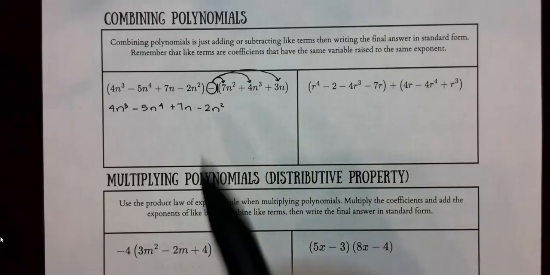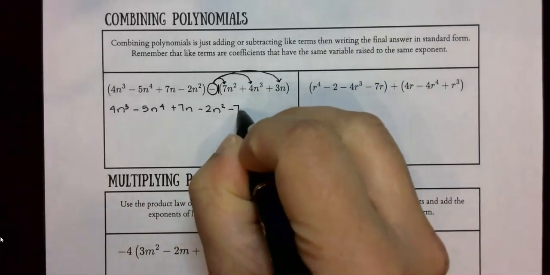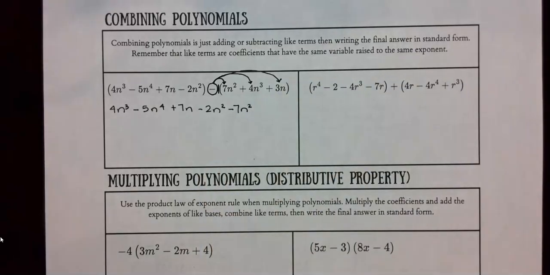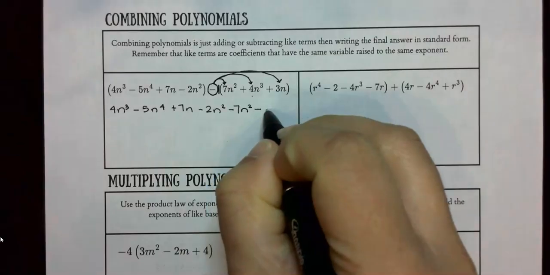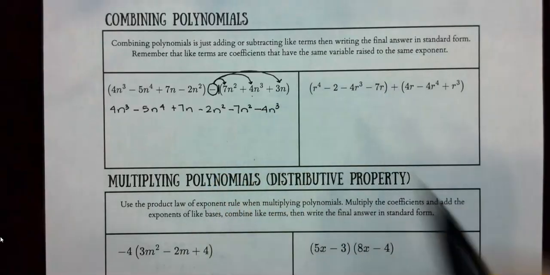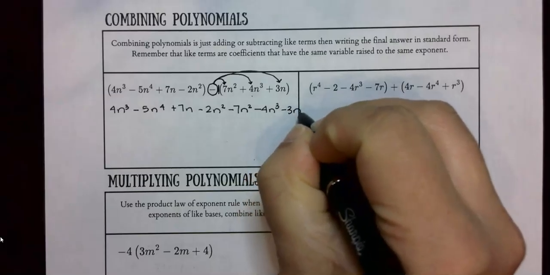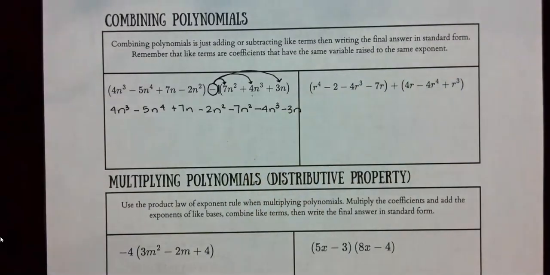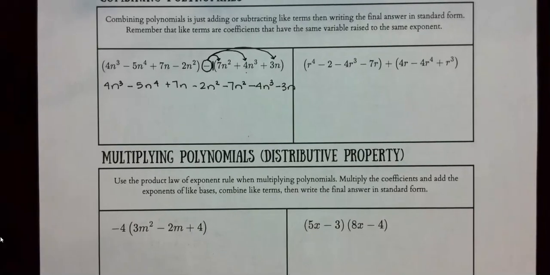So if I take my negative 1 and multiply it by 7, it gives me negative 7n squared. If I take my negative 1 and multiply it by 4, it gives me a negative 4n to the third. Negative 1 times 3 is a negative 3n. And then from here, now that I no longer have any parentheses separating anything, I can now put things together.